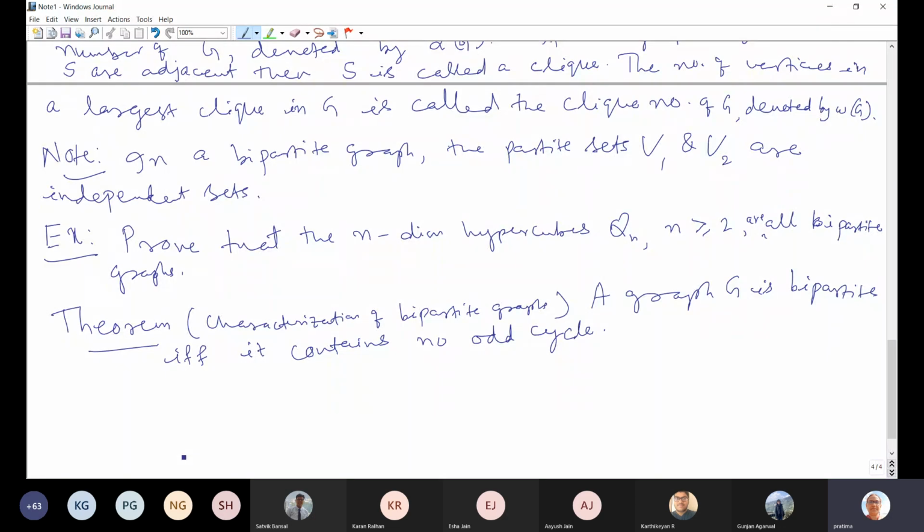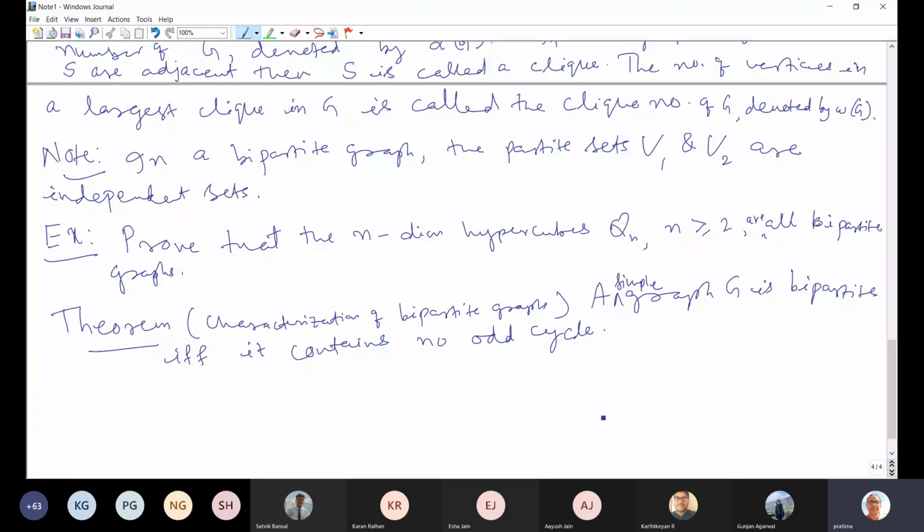Here we are taking simple graphs only. If the graph contains any odd cycle, then it cannot be bipartite. If it contains no odd cycle, and all cycles are even cycles, then it is a bipartite graph.